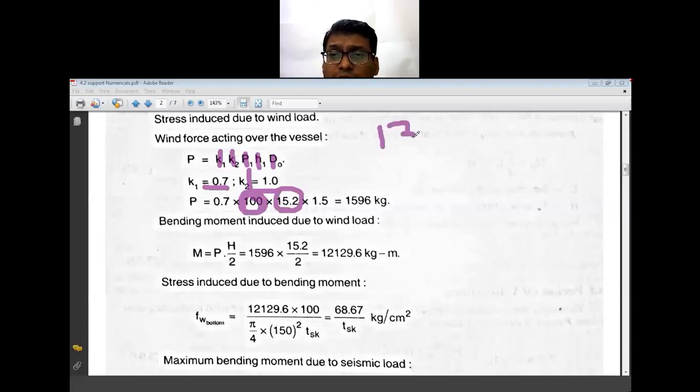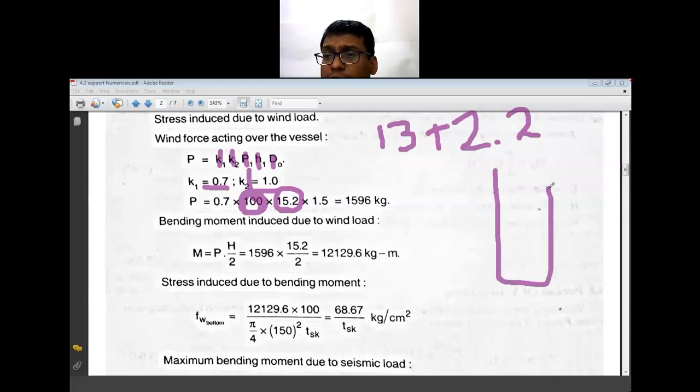Now the stresses induced due to the wind load are also to be calculated. So P, which is the wind force, will be equal to K1, K2, P1, P2, H1 and DO, where K1 is the shape factor, K2 is the period of vibration, P1 is the wind load, H1 is the height, and DO is the diameter of the vessel. So K1 is 0.7, K2 is 1.0.